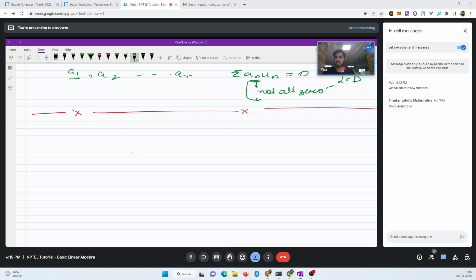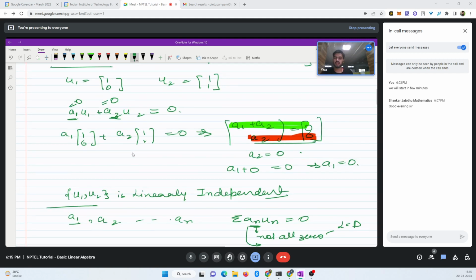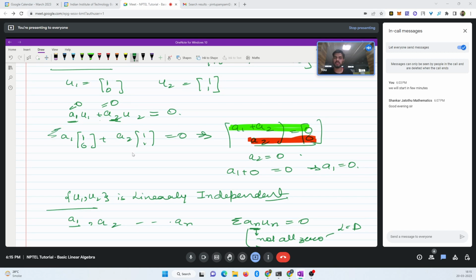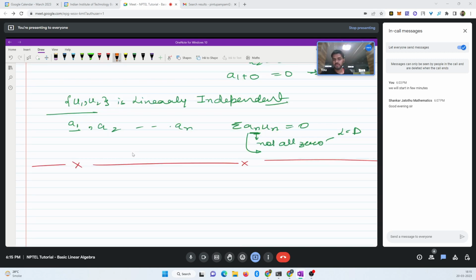Okay. Now, if you look at this particular equation over here, what it was? It was a1 times (1, 0) plus a2 times (1, 1) is equal to (0, 0).